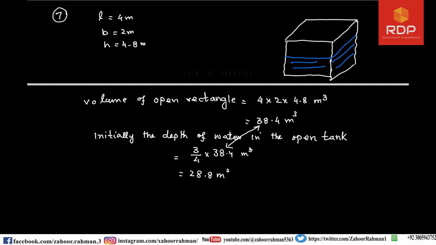Now because we are adding 4,000 liters of water, first we have to convert this 4,000 liters into meter cube, and after that we will add that value with the given volume, which is 28.8.